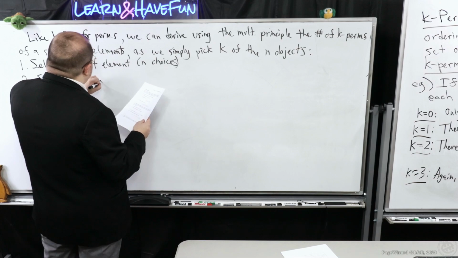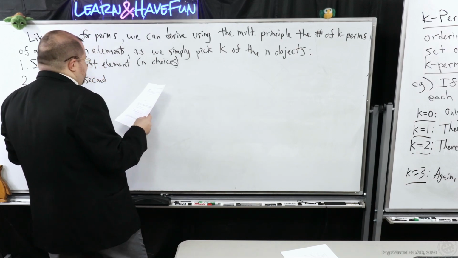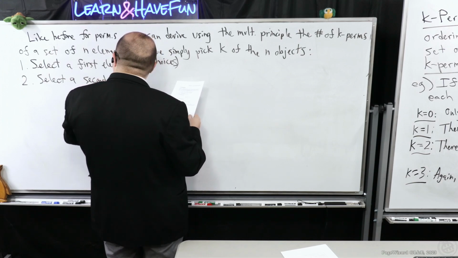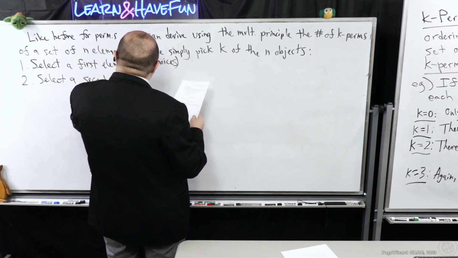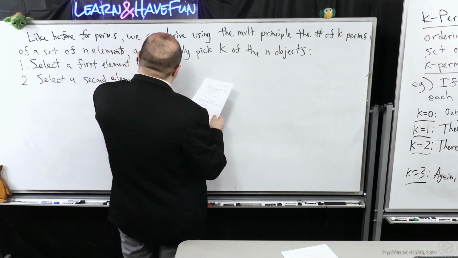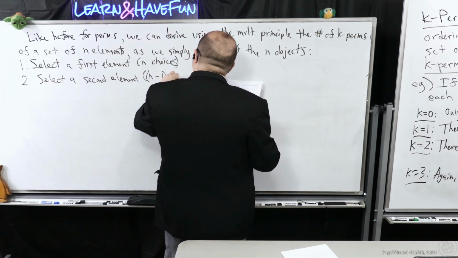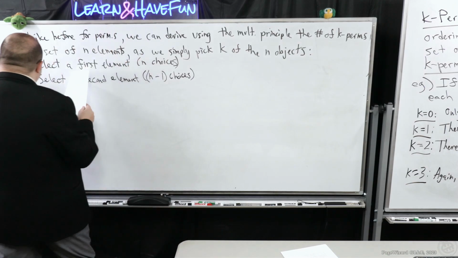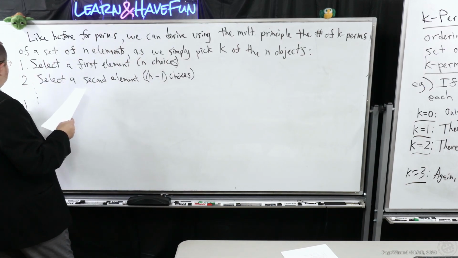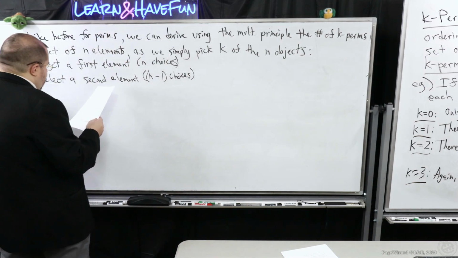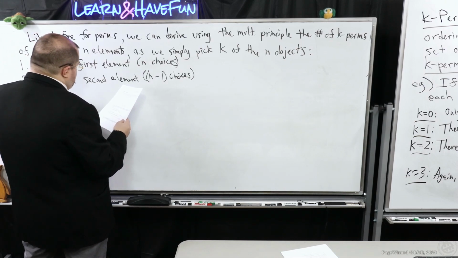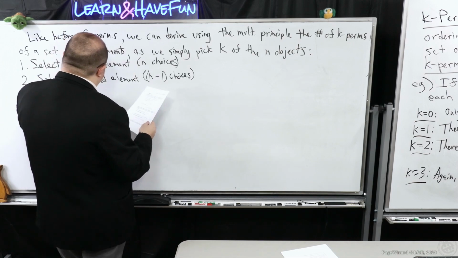We're just setting it up like a series of choices. We're committing to each one of the positions. Like the second element, how many can I do? N minus 1, there's n minus 1 choices this time. And we can keep doing this until we've selected k many, right? So select the kth element.